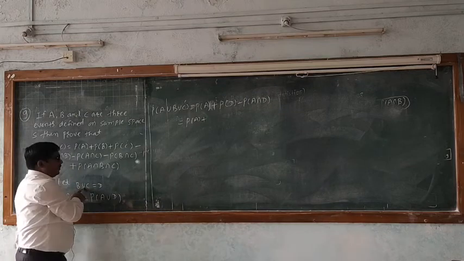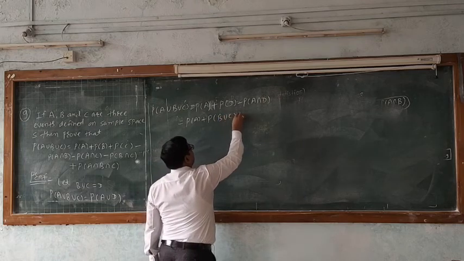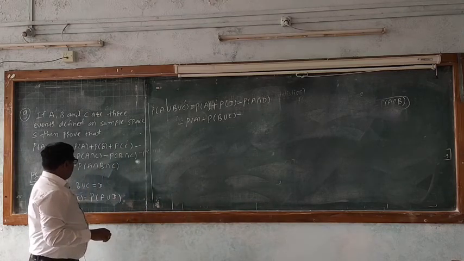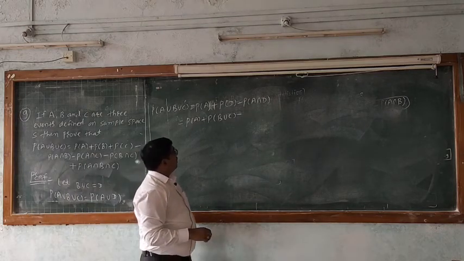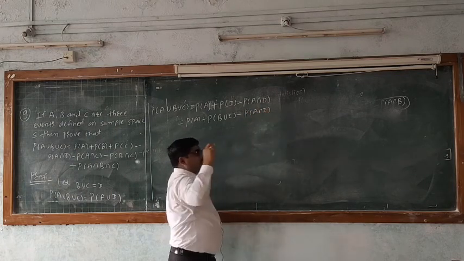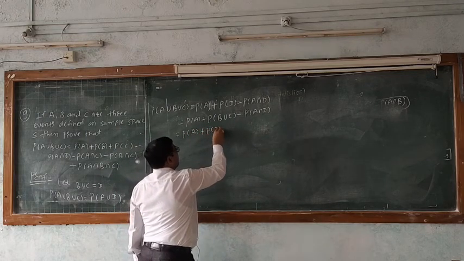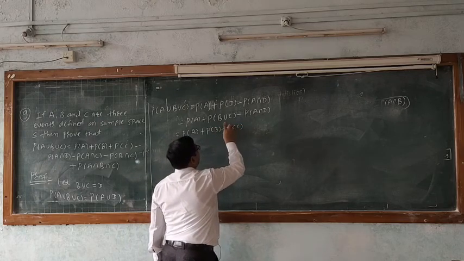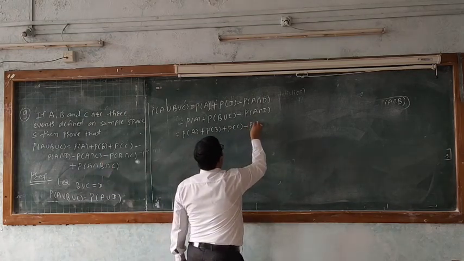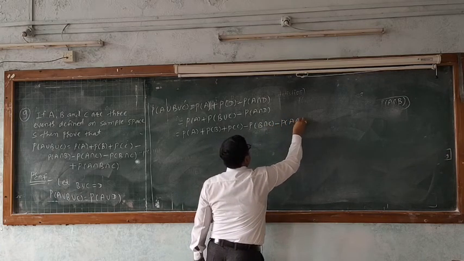D is B union C, so probability of B union C minus probability of A intersection D. So P of A plus P of B plus P of C, by the addition theorem for two events, minus probability of B intersection C, minus probability of A intersection D.